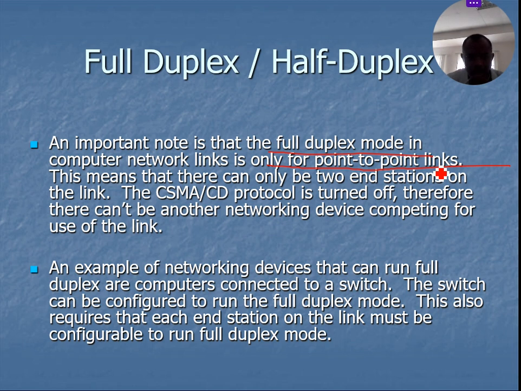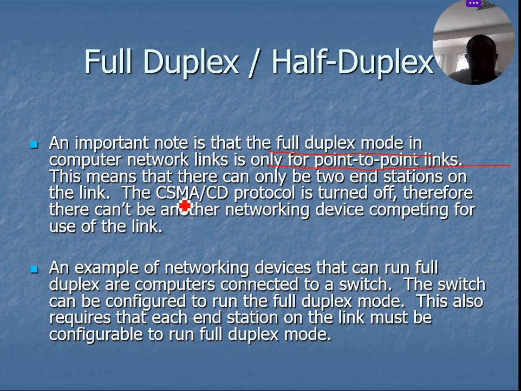The CSMA/CD protocol, carrier sense multiple access with collision detection, is turned off when you are using this type of point-to-point link for full duplex mode. The reason is so that no other networking device will compete for the use of the link.